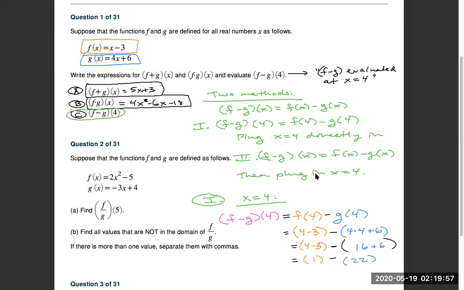So we get 1 minus 22, which is negative 21. So there's our answer, but let's use the second method, which is to find the general f minus g of x first, and then plug in x equals 4. Order matters. Let me save that and then erase this.